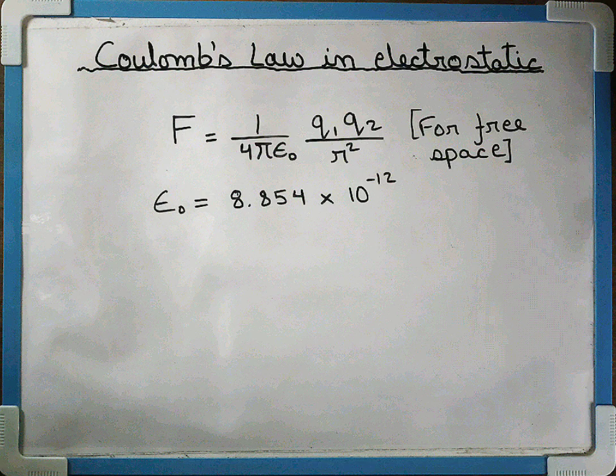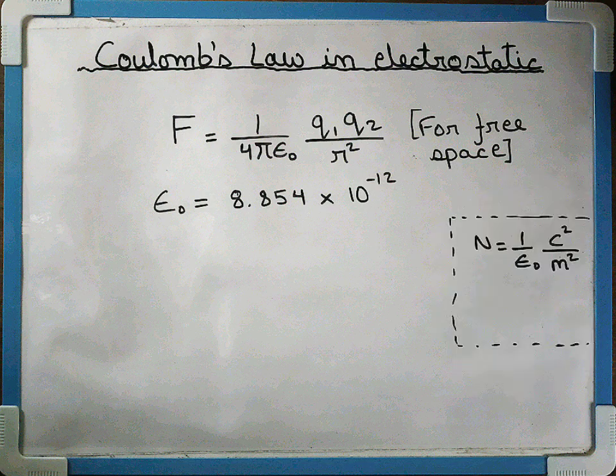And the unit of this epsilon naught, you can find from the formula of Coulomb's law. The SI unit of force is Newton. The SI unit of charge is Coulomb, so for Q1 Q2 we have Coulomb square. And the SI unit of distance is meter, so for r square we have meter square.